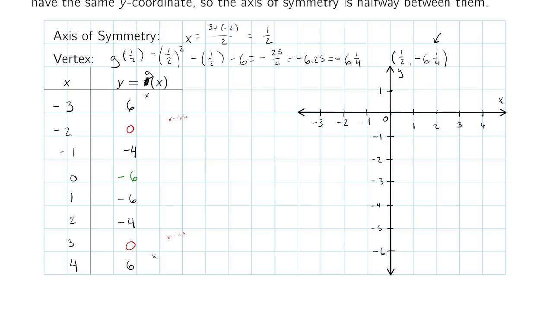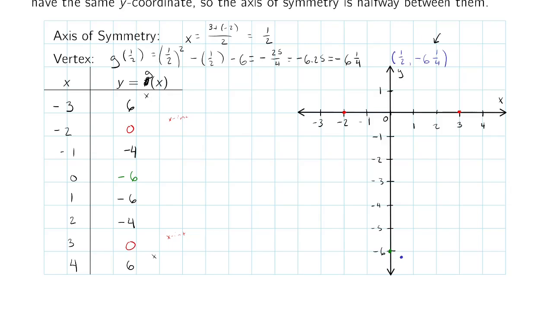So here are my x-intercepts. Here is my y-intercept. I'm going to draw my vertex, and I'm just kind of roughly eyeballing. It'll be halfway across horizontally and 1/4 of the way down vertically.